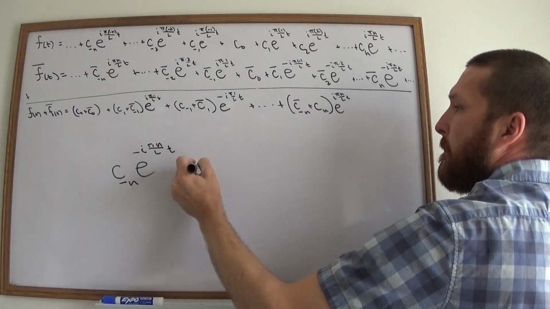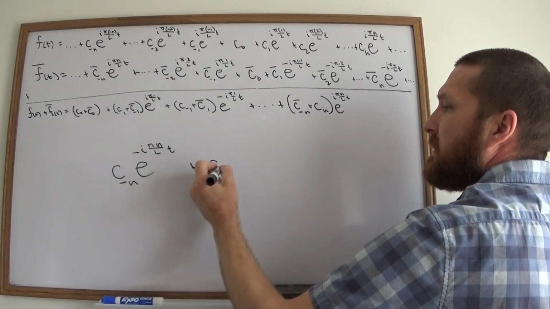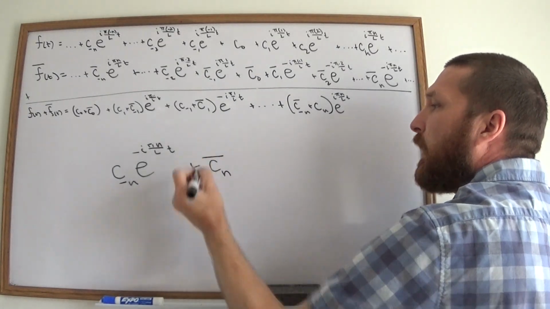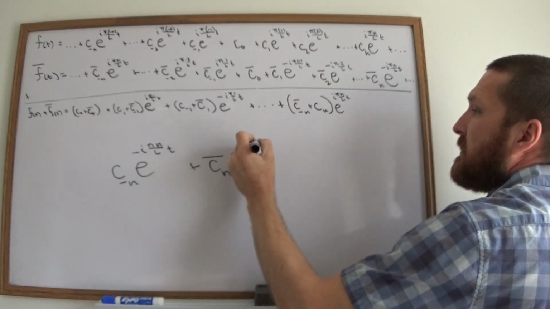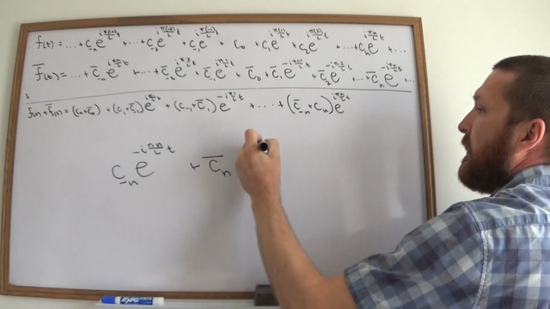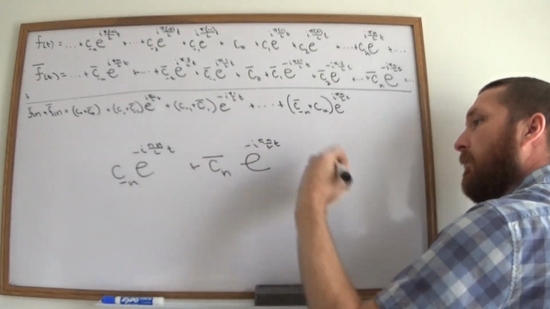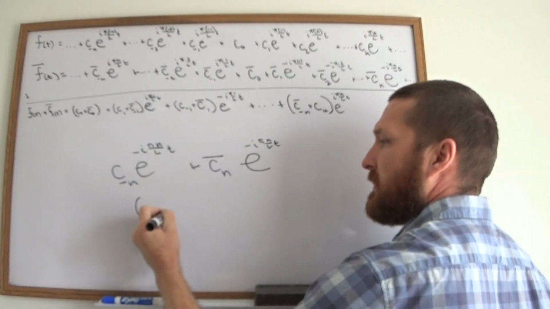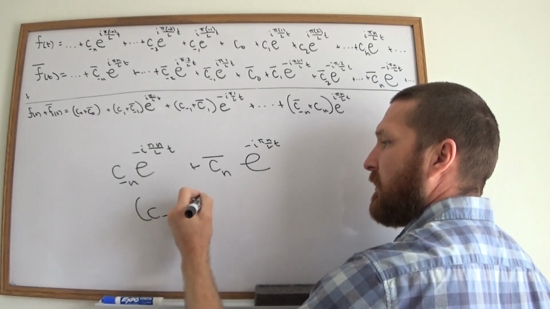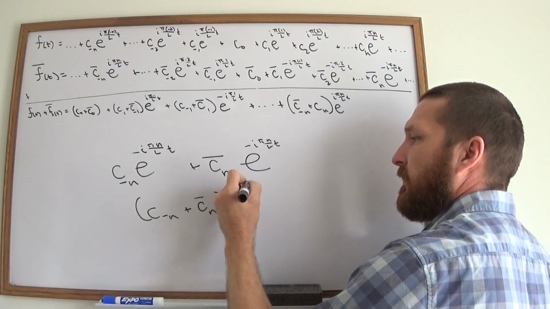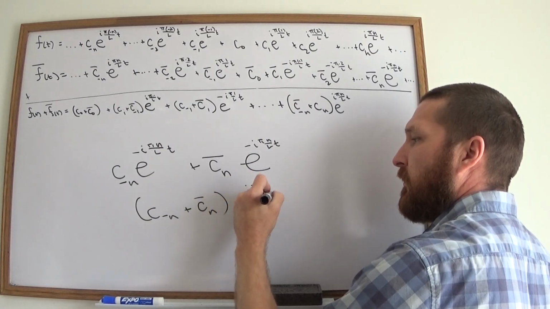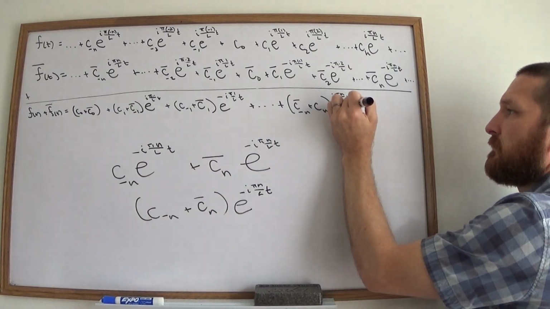This one plus C positive n bar gives us E, same exact thing right there, LT. So I could pull him out. And I'll get C negative n plus C bar positive n, e to the negative I pi n over LT, like that.